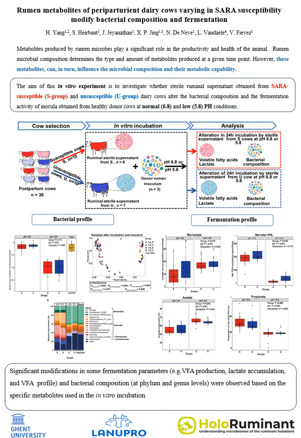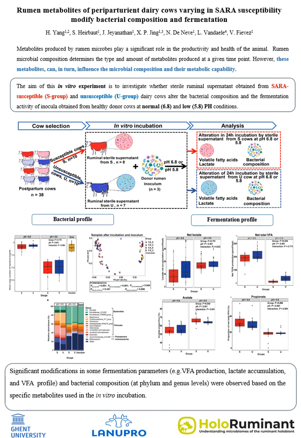The acetate proportion was higher after exposure to supernatant from SARA susceptible cows compared to unsusceptible cows at pH 5.8, whereas the propionate proportion tended to be higher at pH 6.8 in SARA susceptible cows.